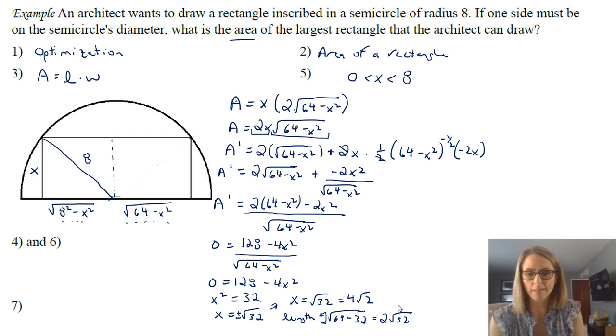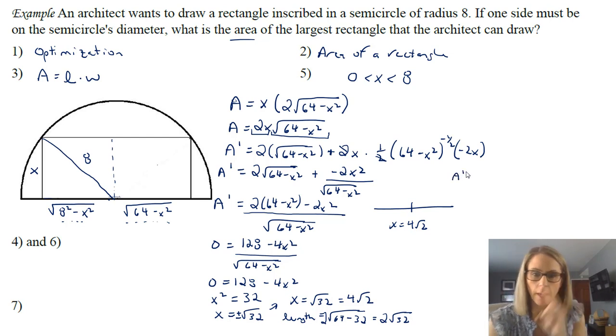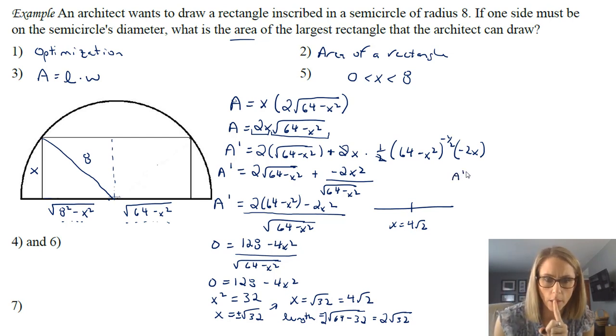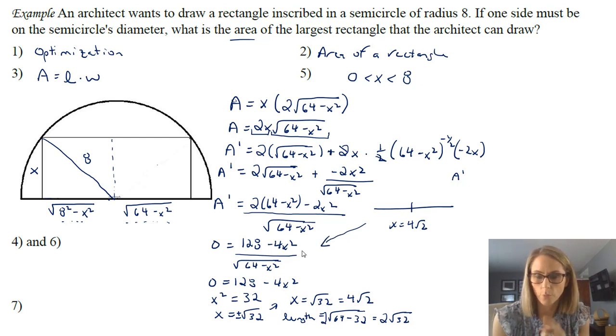But here's my point. We can put our x on here. We can put x equals 4 root 2, check it in the derivative of our area. What derivative would be best? Well, the denominator is always going to be positive. So if I think about values on either side, 4 root 2 is not that big, so I put in something less than that.